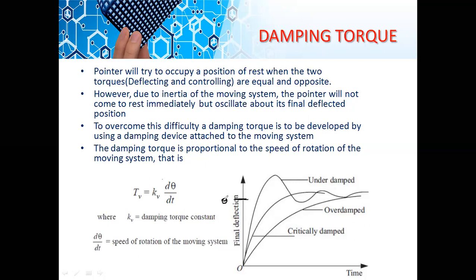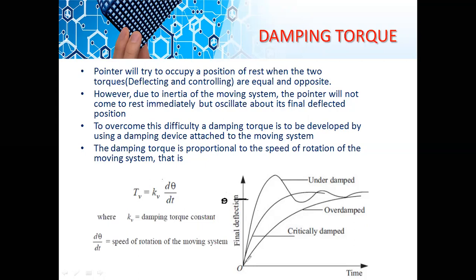The pointer should travel through angle theta and then stop changing the angle. It should come to a stop position, showing some reading after rotating through angle theta. Now we'll see what happens. There are going to be around 3 different types of damping.